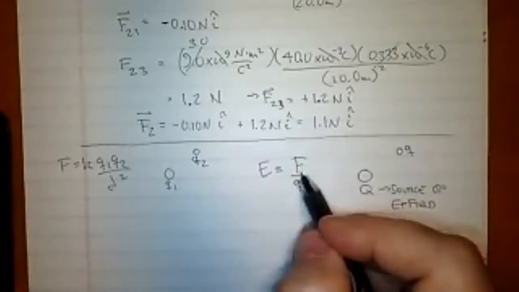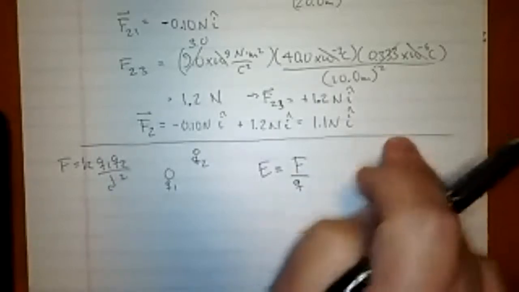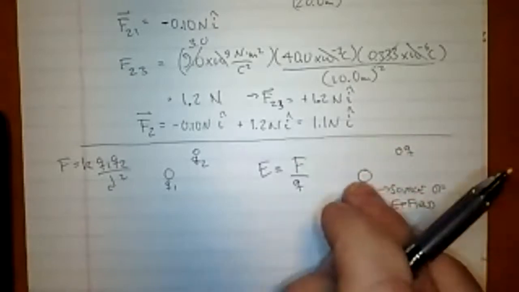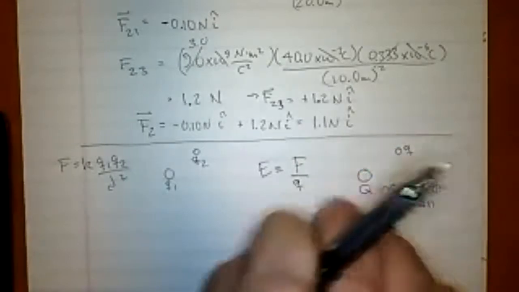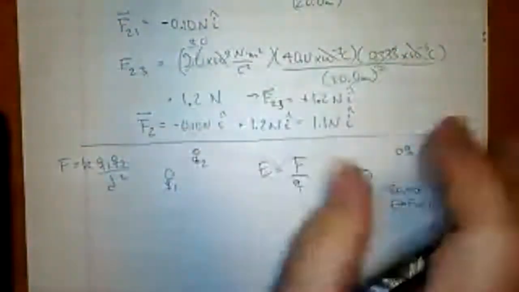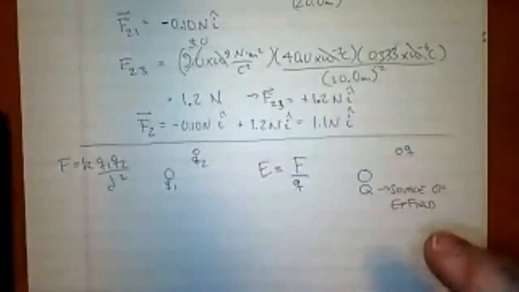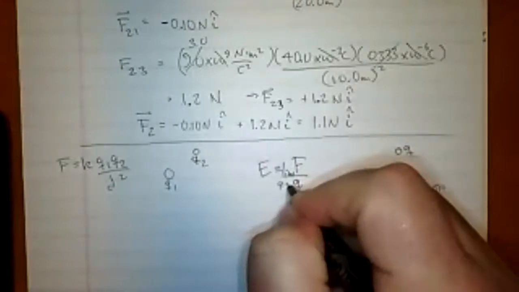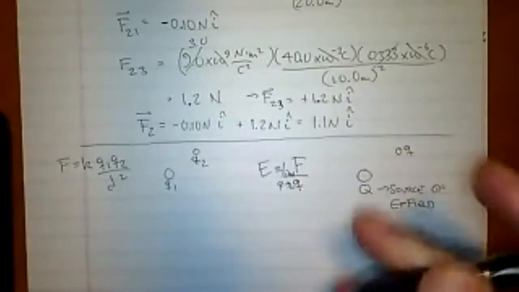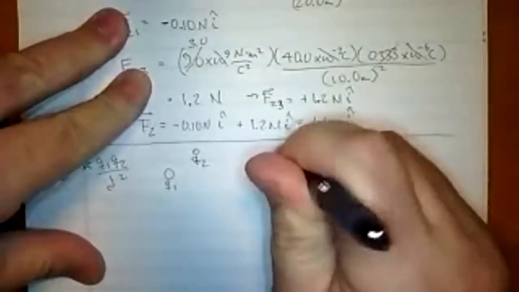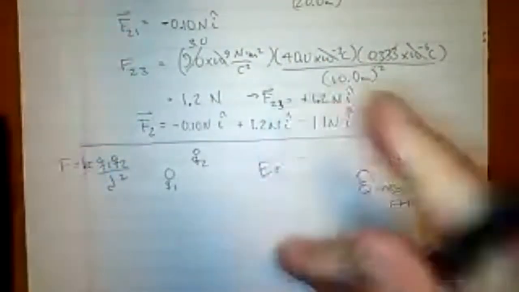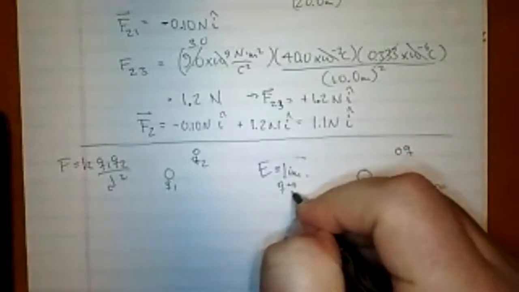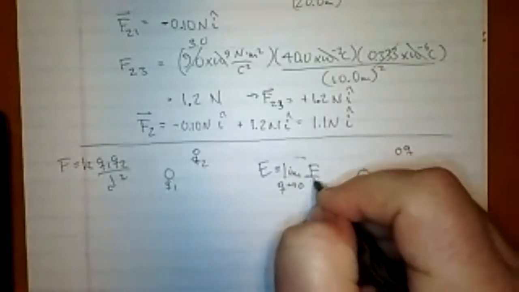Now, in principle, this charge right here causes a field itself, right? Because when you make the argument that one charge can cause an aura around it, then all charges can make an aura around it. So in principle, what they do is they take the limit as q approaches 0. So I'll write this as the limit as q approaches 0 of F over q.